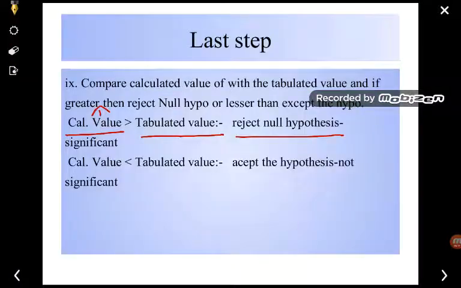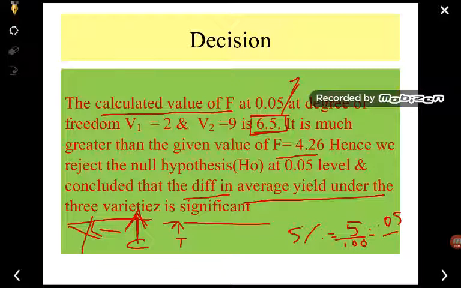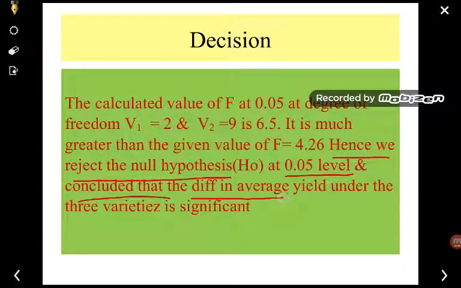We say that we reject the null hypothesis and accept the hypothesis of significance. So the conclusion will be in this way. Hence we reject the null hypothesis at 0.05 level and conclude that the difference in the average yield under the three varieties is significant.